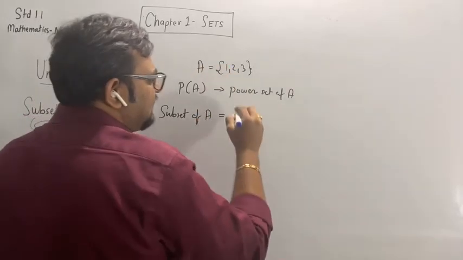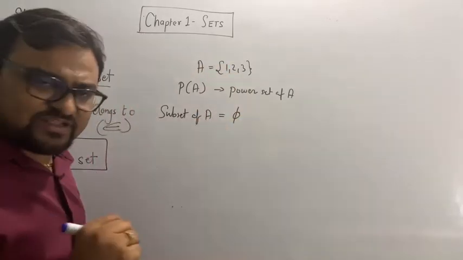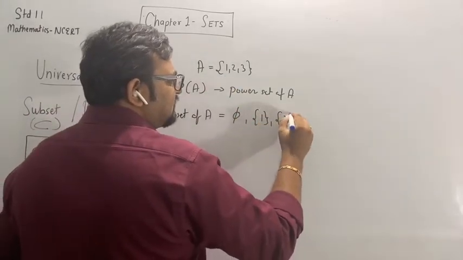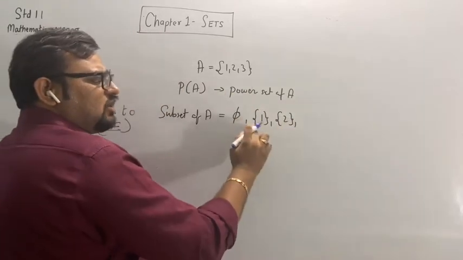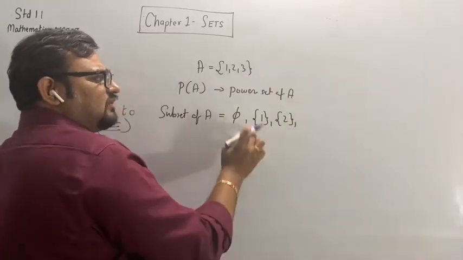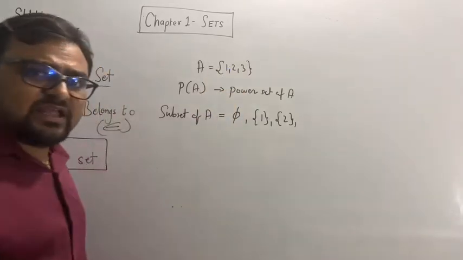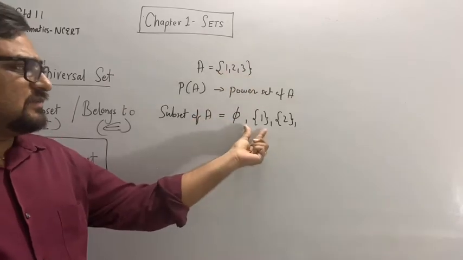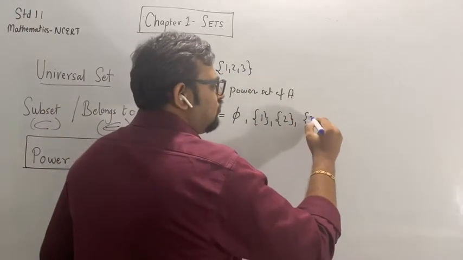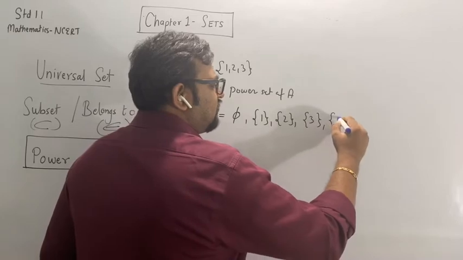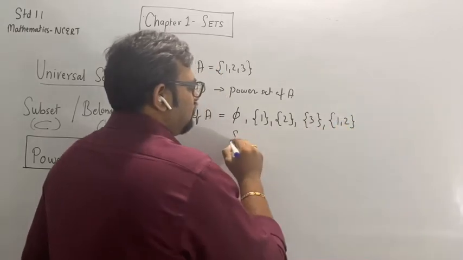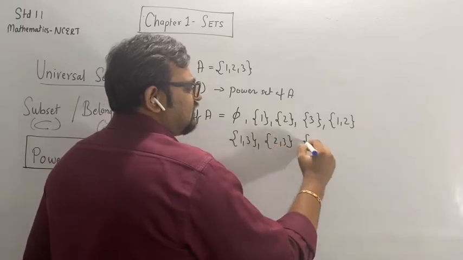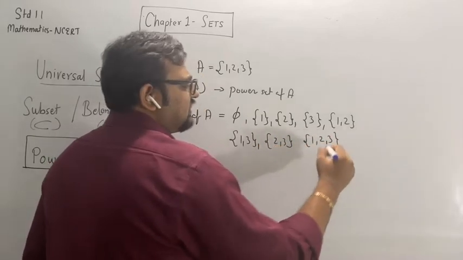Subsets of A will be: the null set is a subset of every set. Now see, {1} is a subset, {2} is a subset. See, on one side 1, other side 1, 2, 3. It will be a subset. Right? What was a subset? If all the elements of one set are present in the second, it is a subset. So {1}, {2}, {3}, {1, 2}, {1, 3}, {2, 3}, {1, 2, 3}, right?